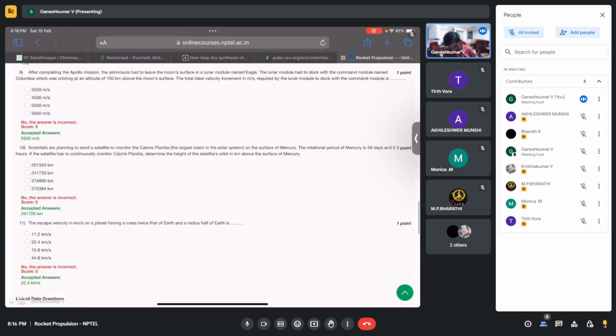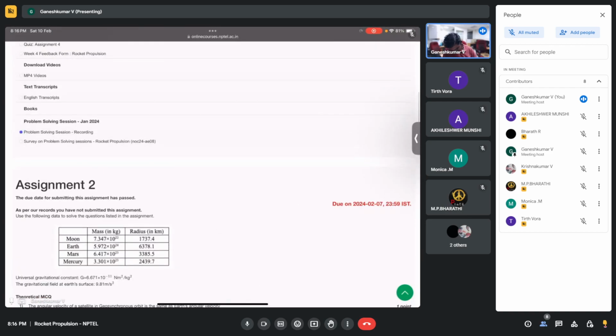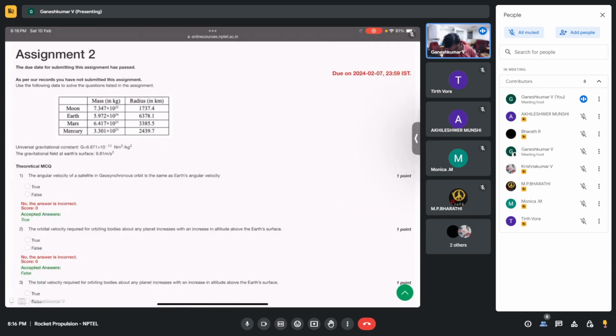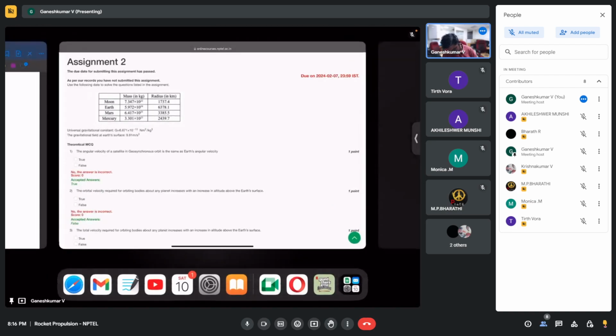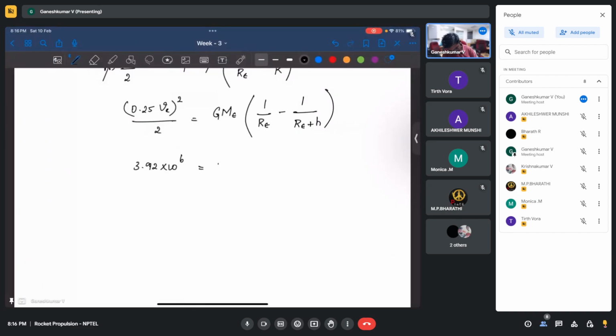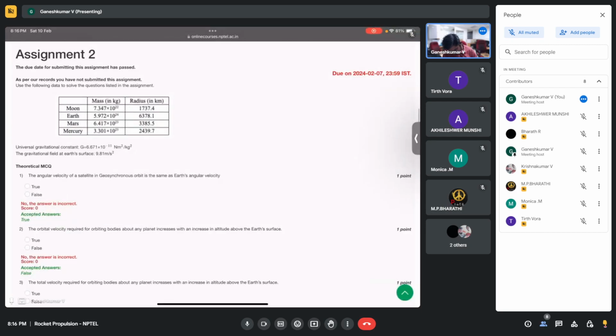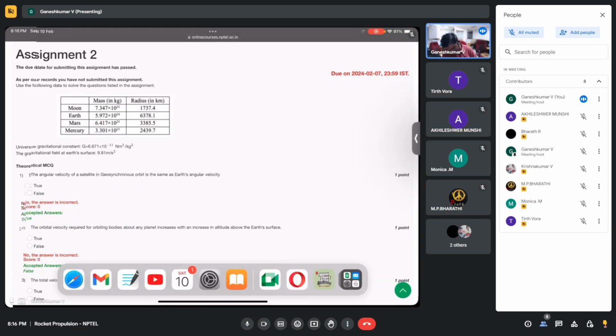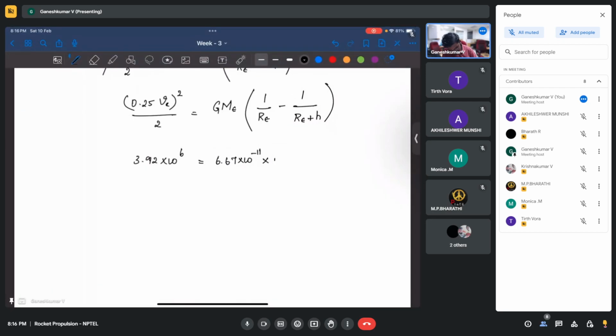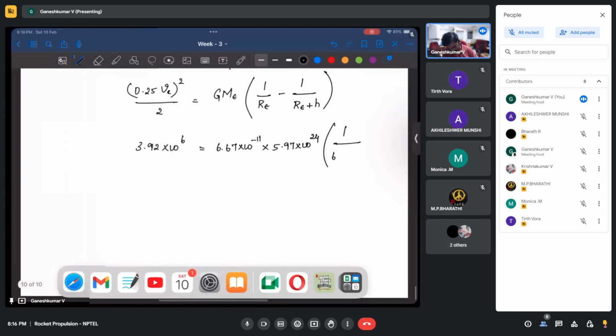G and Me are given, I guess. G is 6.67 into 10 power minus 11. Mass of Earth is 5.97 into 10 power 24.